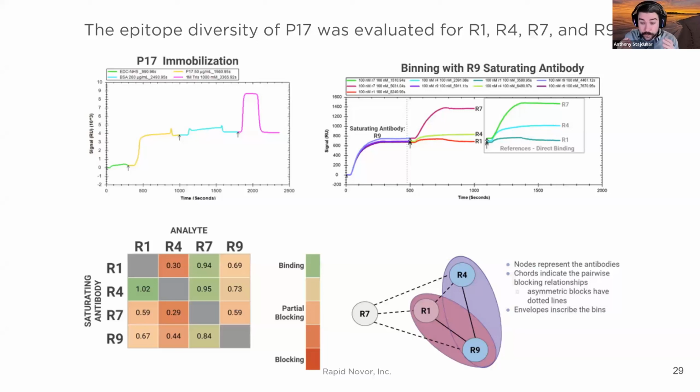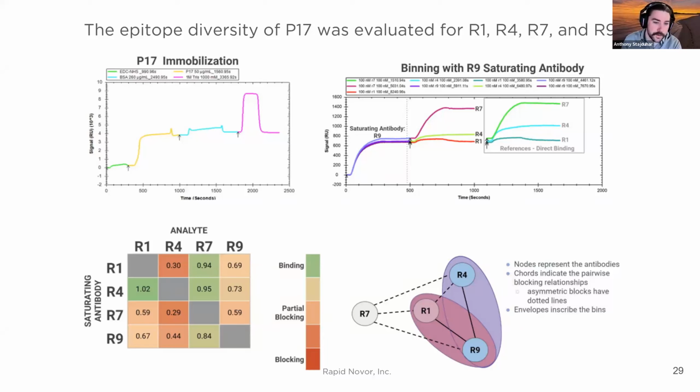We're also able to robustly characterize these antibodies using things like, obviously, your ELISAs, SPR for affinity, kinetics, epitope binning, as we see in this slide, but also binding to the specific epitope of interest and validating that at the amino acid level using hydrogen deuterium exchange mass spectrometry.